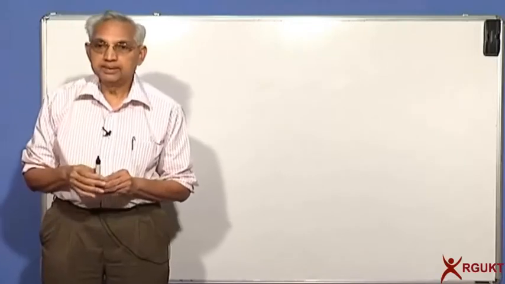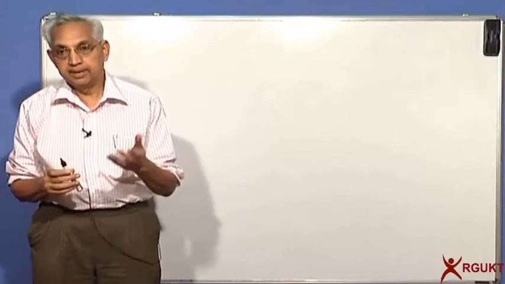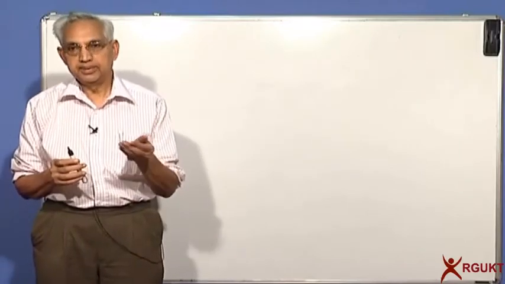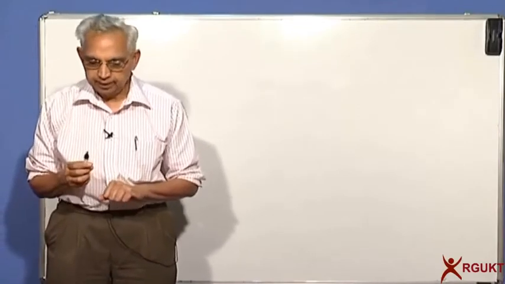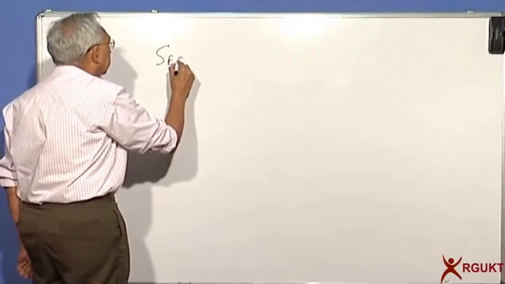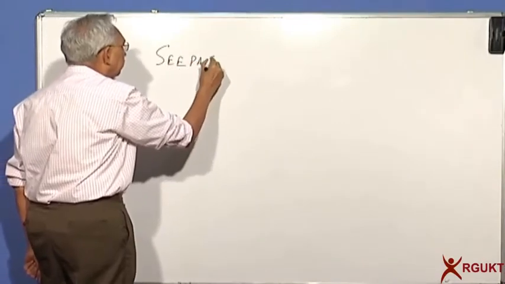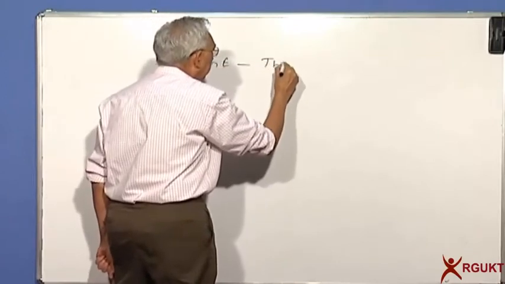Welcome to lecture 15. In the last class, we discussed and derived the continuity of flow equation along with Darcy's law, and we got the equation governing seepage, particularly for two-dimensional flow.